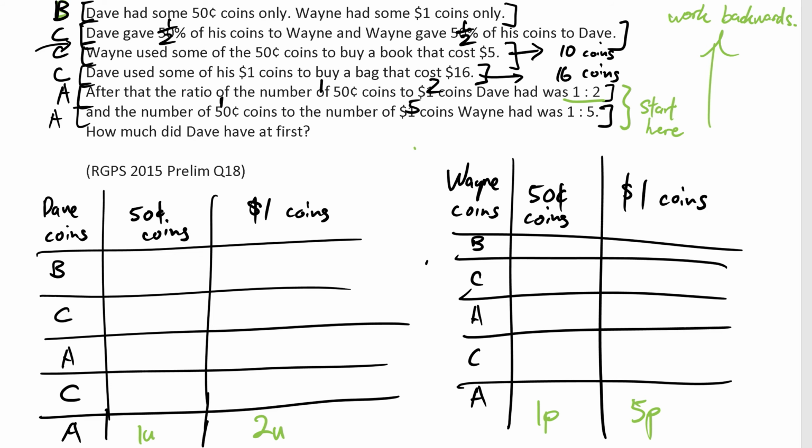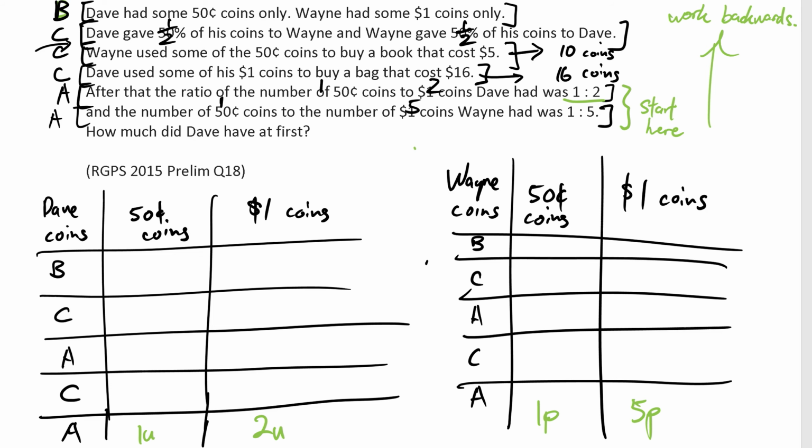So these two lines have been cleared. Okay, the blue ticks have cleared it already. So now Dave used 16 $1 coins to buy a bag, and Wayne used 10 50-cent coins to buy a book.